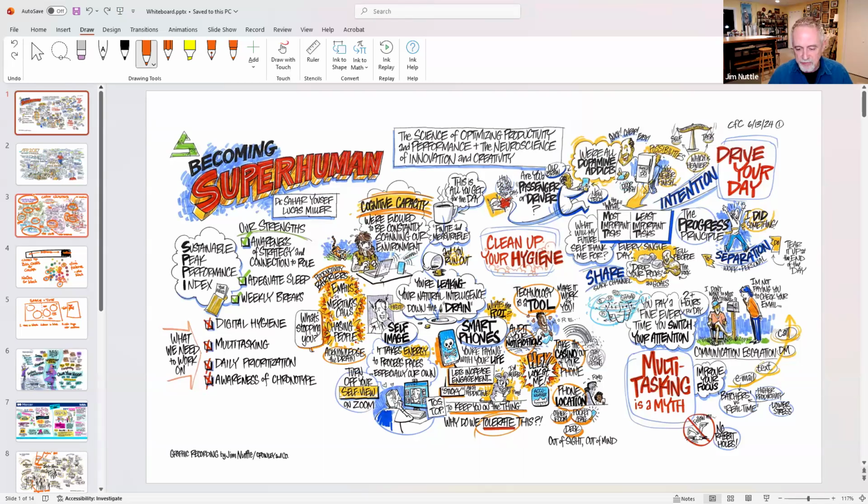They've done research, they've written books, and it's all about how our brains work and how we can optimize brain function during the workday. So it was an hour and a half in the morning, an hour and a half in the afternoon, continuous presentation of their research. Basically a data dump for three hours.